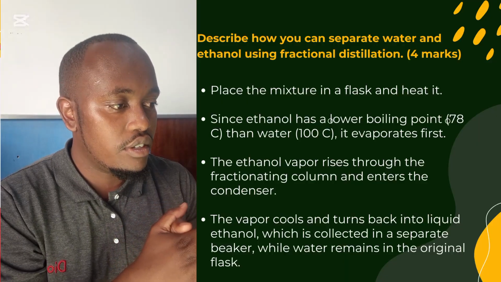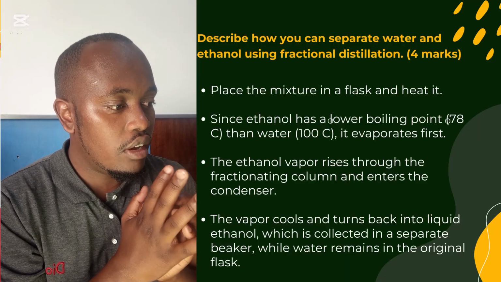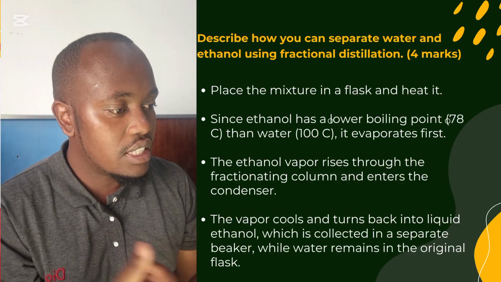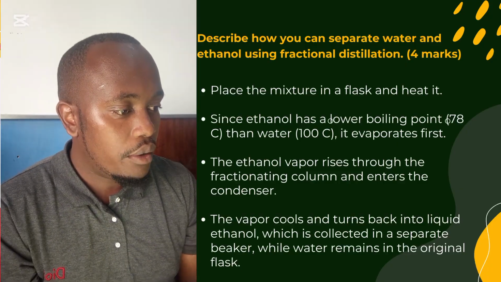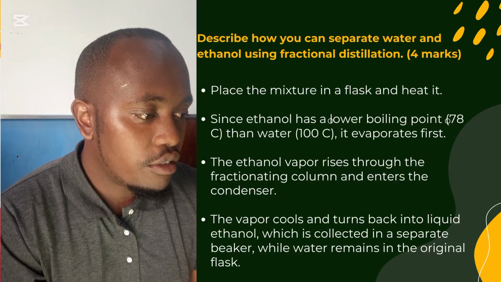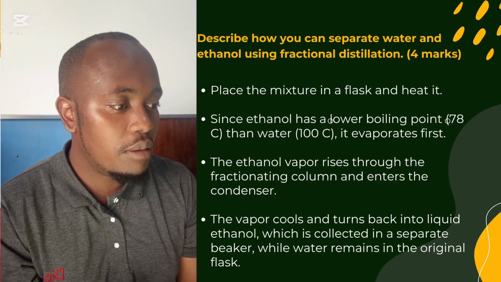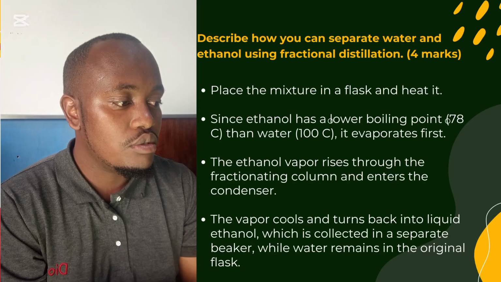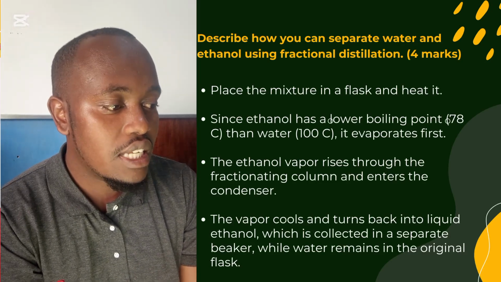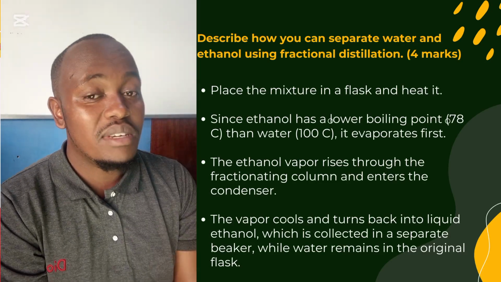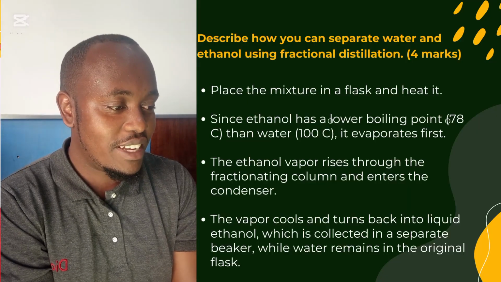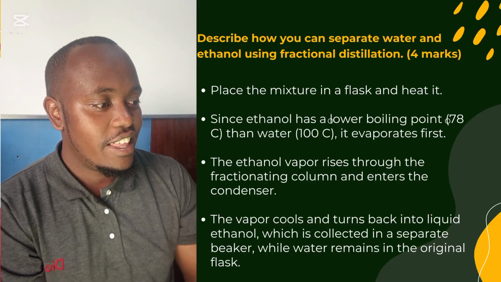Remember that's the fractional distillation column or setup. You'll have the Liebig condenser where ethanol vapor enters the condenser. The vapor cools and turns back into liquid ethanol, which is collected in a separate beaker, while water remains in the original flask. That's how you separate the two.